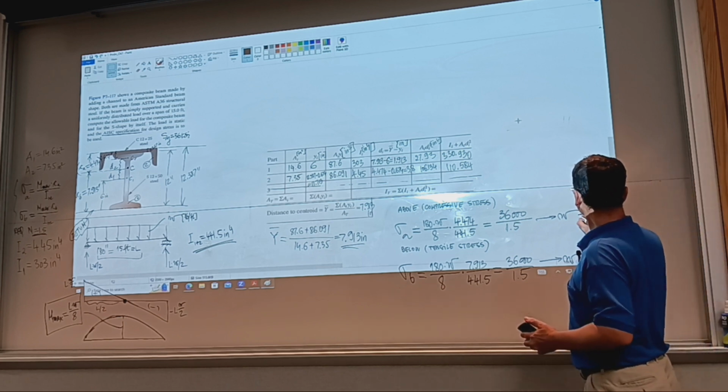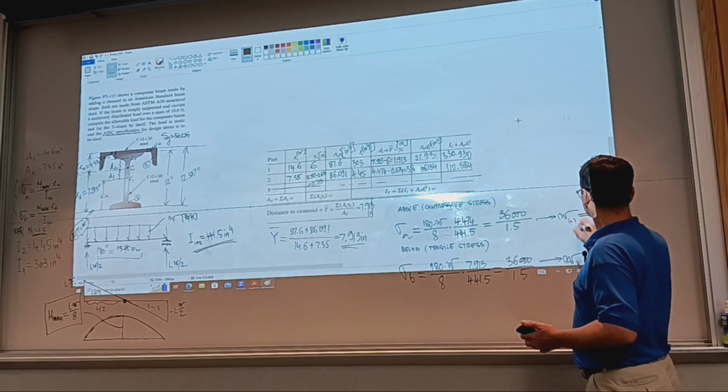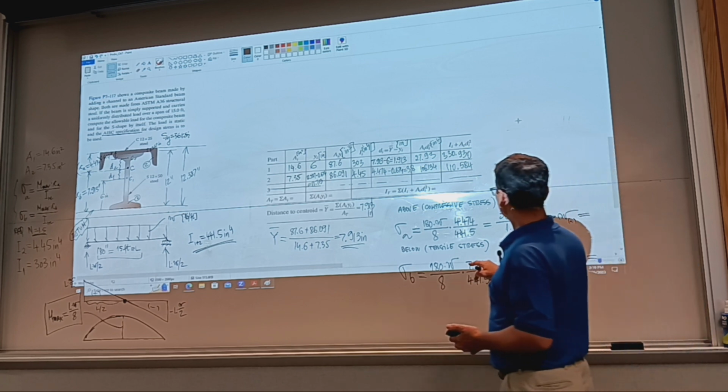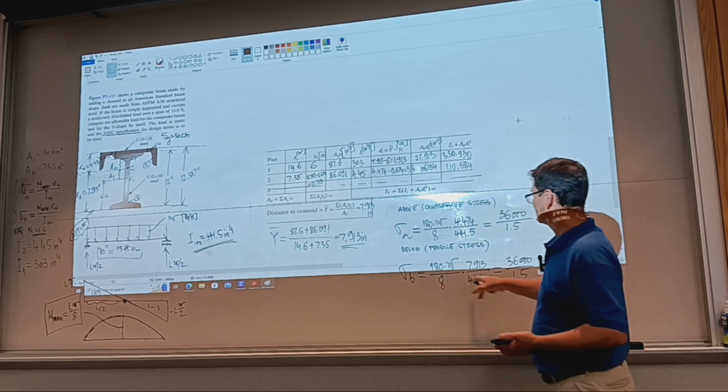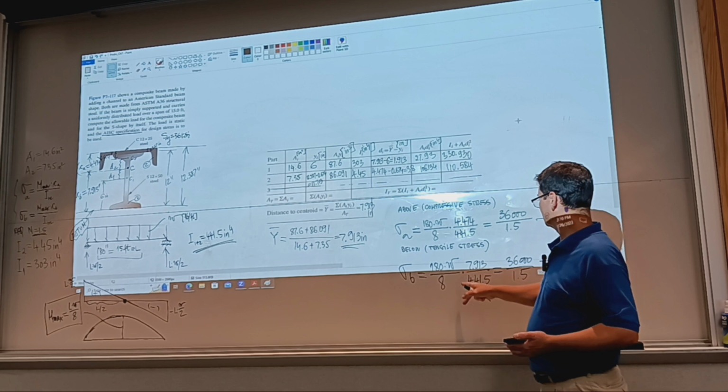We can actually solve for the two, from consideration of stress above and below. I said the second one, it's clear that was going to be the smallest one. So how do we get it?